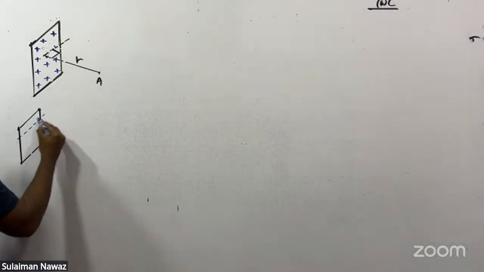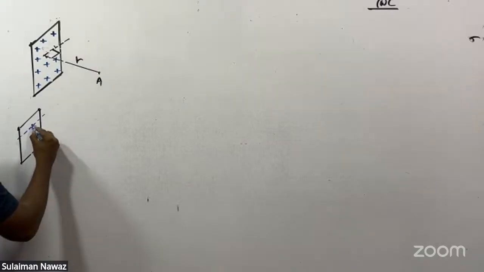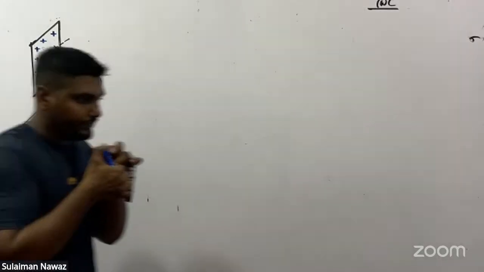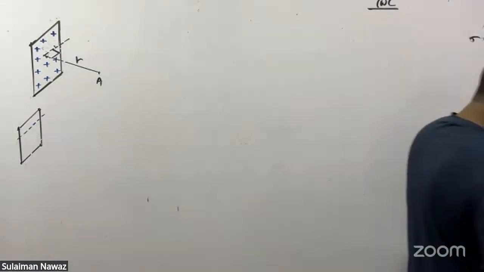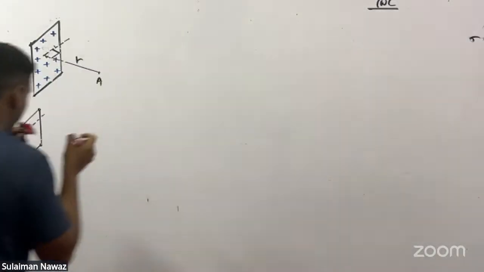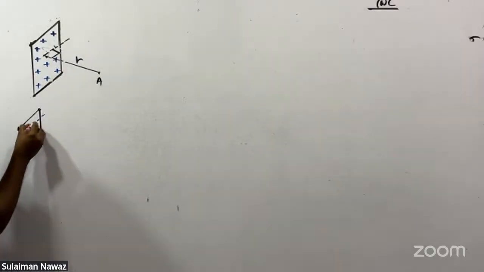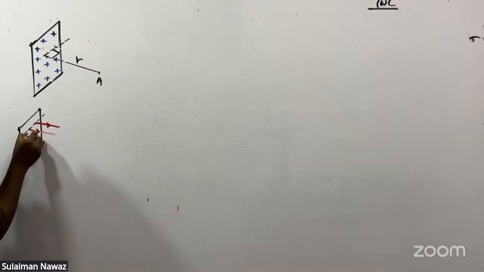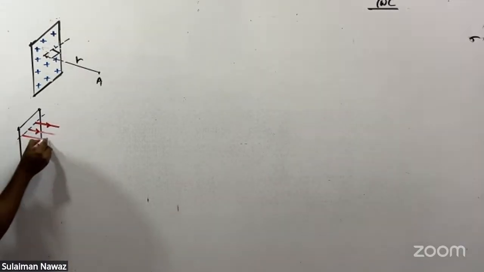This is not the line, okay? Don't misunderstand. If I draw some perpendicular electric field lines, shall I use red color? Use red color for the perpendicular electric field lines.